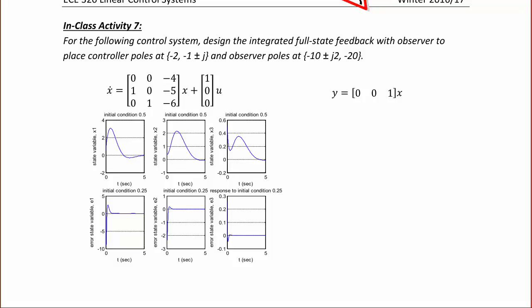So when you solve this one, what you should get is that K is equal to [0, 1, -2], and L is equal to [2076, 499, 34]. I encourage you to try to get those values.